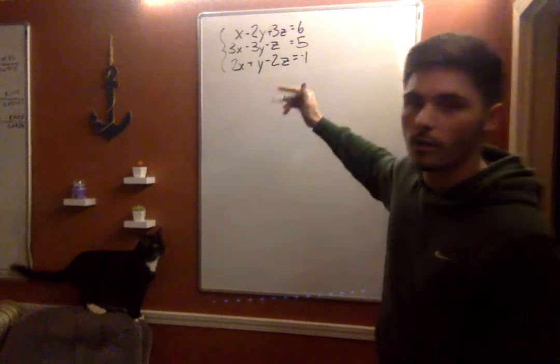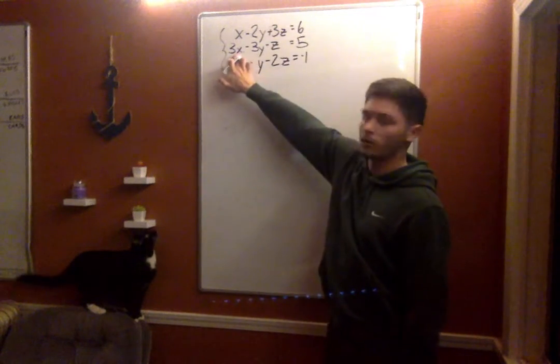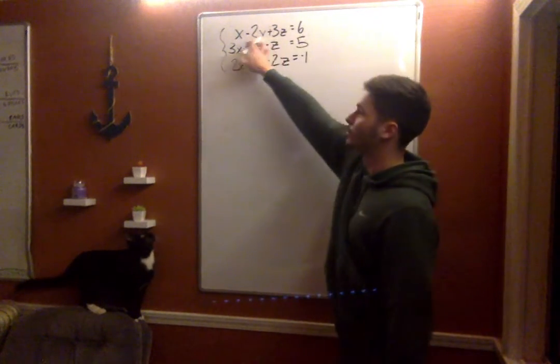We can eliminate the x variable from the middle equation. So I'm going to multiply all this by 3.